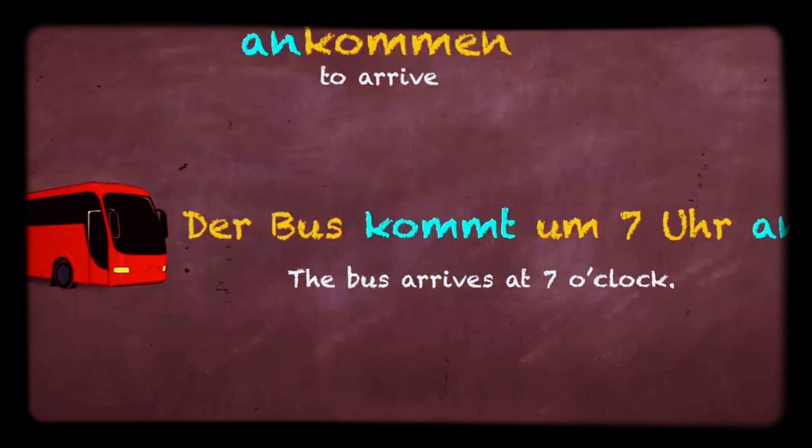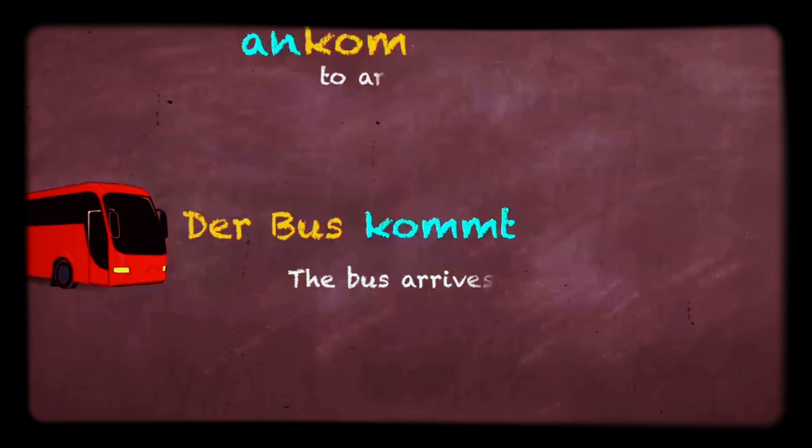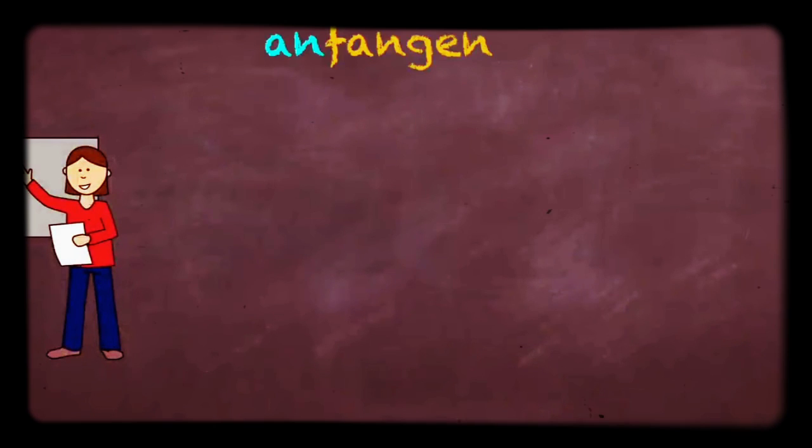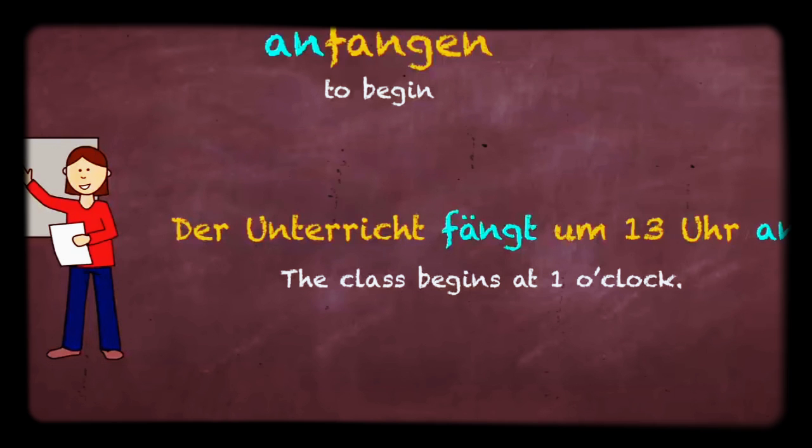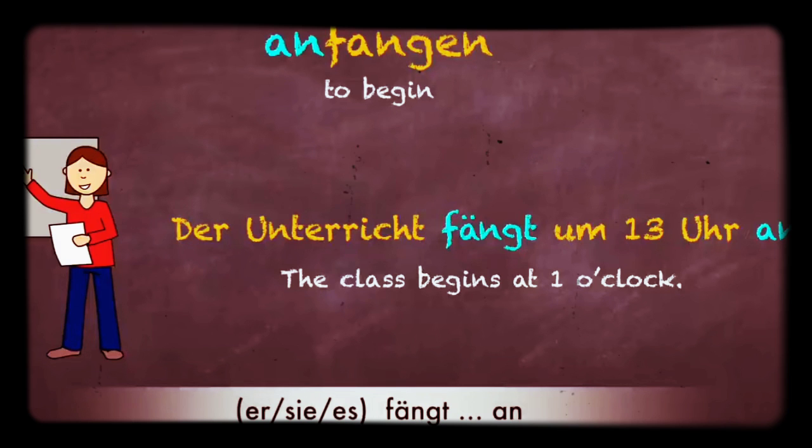Der Bus kommt 7 Uhr an. The next verb is anfangen. Here also the prefix is an. Der Unterricht fängt 13 Uhr an. In this case, the verb fangen is an irregular verb.